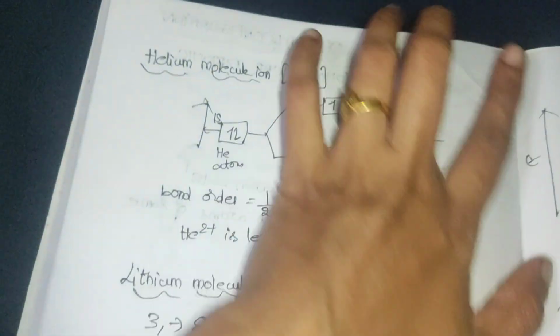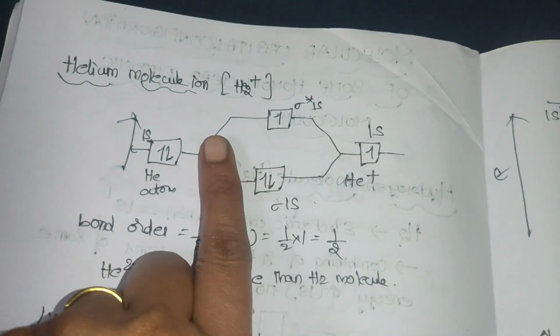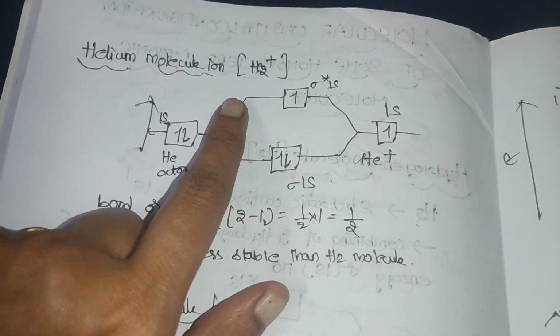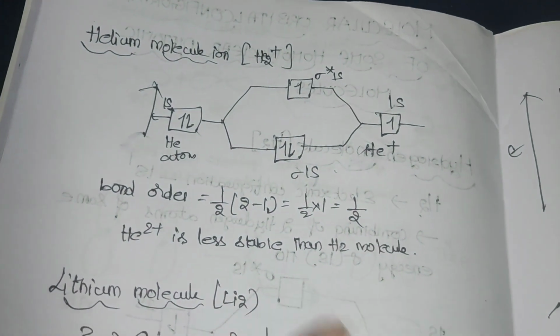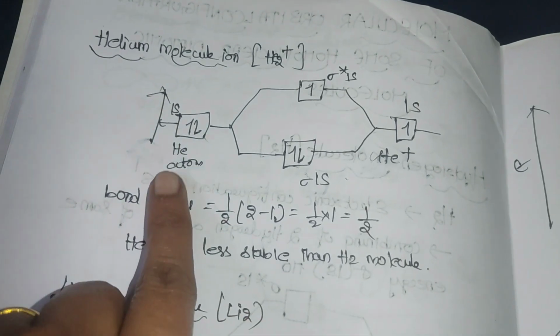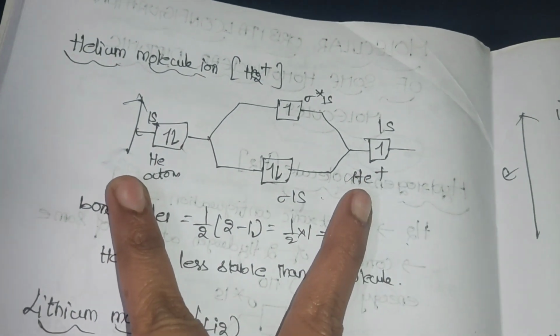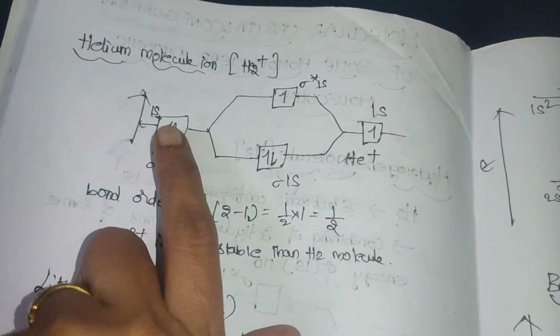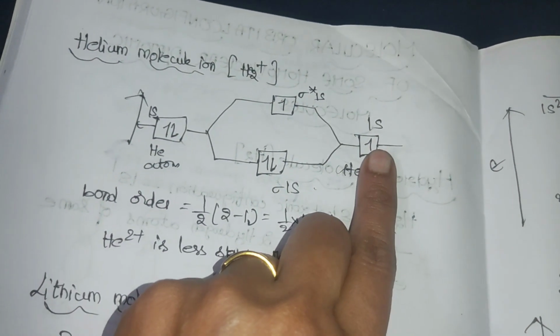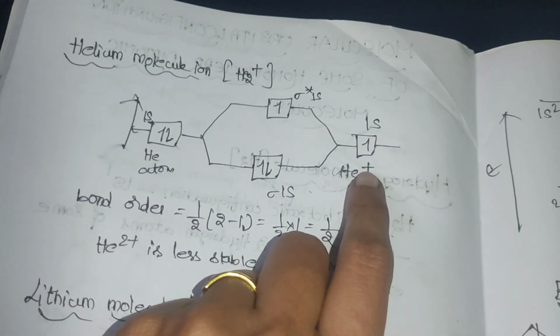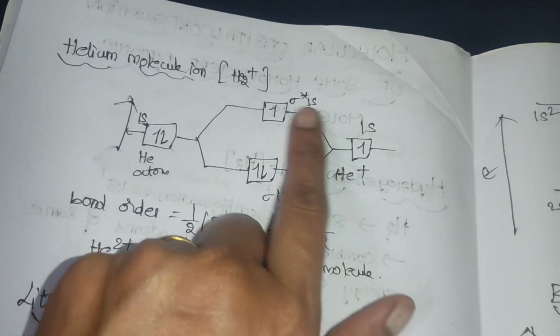Then the helium molecule ion, He2 plus. Will it exist or not? Let's see. Here one helium atom combines with one helium plus ion. A helium atom has 2 electrons, but the helium plus ion has only 1 electron, because it gets a positive charge when it donates 1 electron.